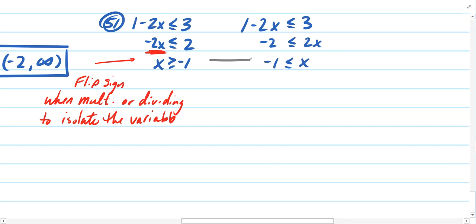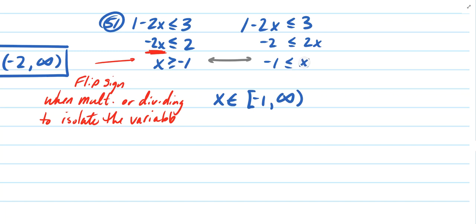And at first glance, you may not recognize whether these two represent the same thing, but let's consider the interval notation. Here we're talking about x values that must be bigger than or equal to negative 1. So we're talking about x values that start at negative 1 and get larger. And we're talking about the same thing here.